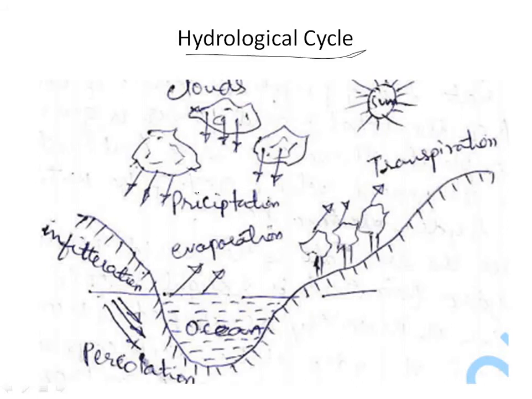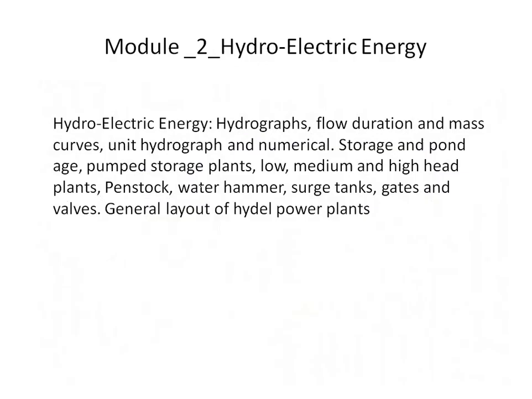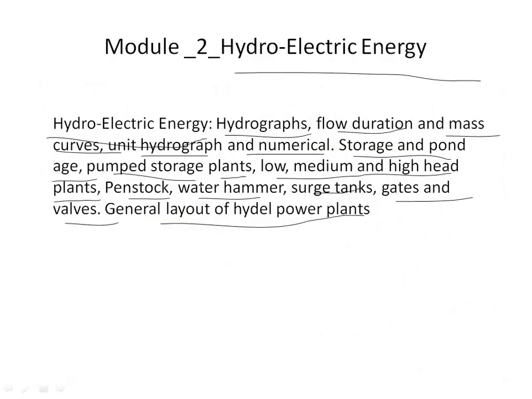Before discussing the hydrological cycle, we'll be discussing what is hydroelectric energy. Hydropower plays a very important role in the development of the country as it provides power at cheaper rate, being a perpetual source of energy. Nearly 20% of total world power is generated using hydro plants.